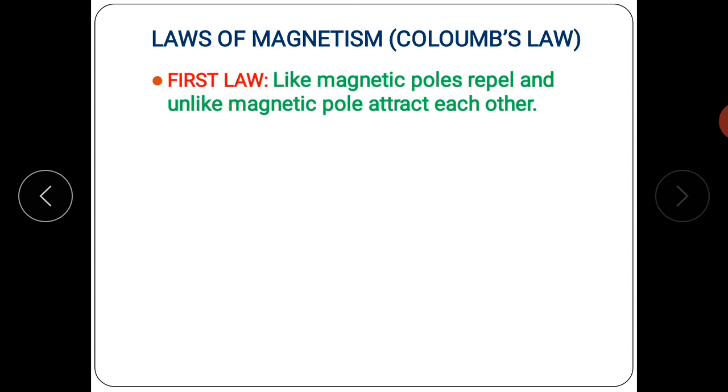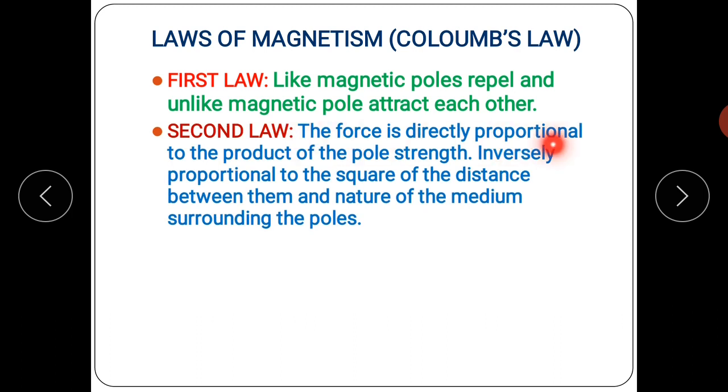What is the second Coulomb's law? The force is directly proportional to the product of the pole strengths and inversely proportional to the square of the distance between them, and depends on the nature of the medium surrounding the poles. Suppose the force F is directly proportional to the pole strengths m1 and m2, and inversely proportional to d squared, where d is the distance. Okay, that is the second law of Coulomb.